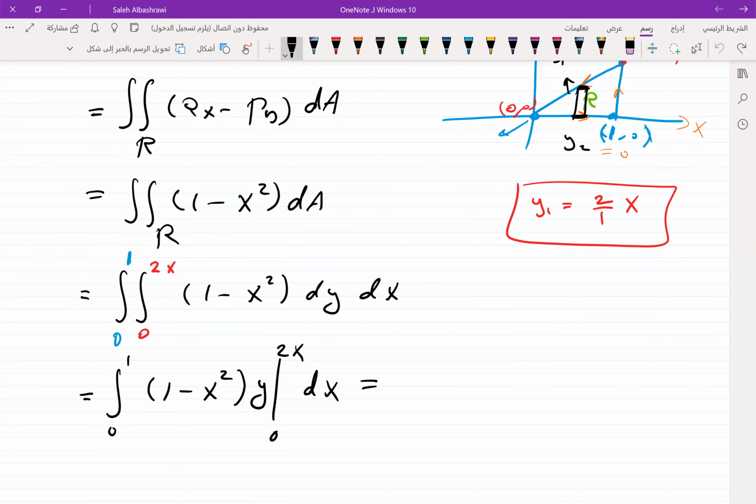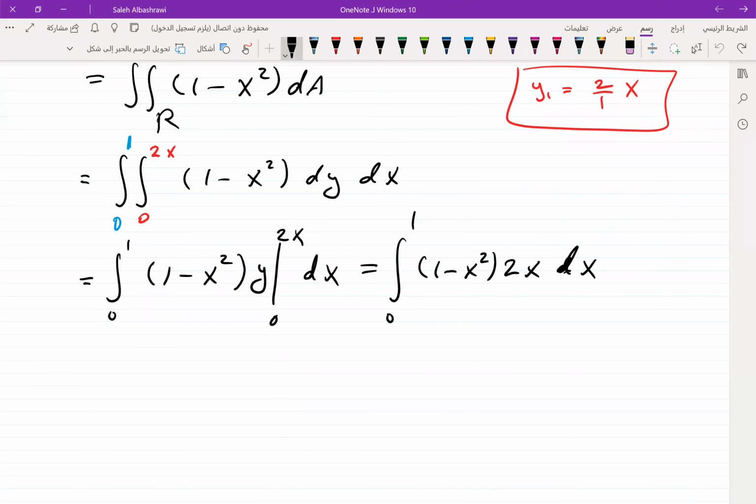That will give me the integration from 0 to 1, replace y by 2x, and then by 0, I will have 1 minus x squared multiplied by 2x dx, or it is the integral from 0 to 1 of 2x minus 2x to the power 3 dx.